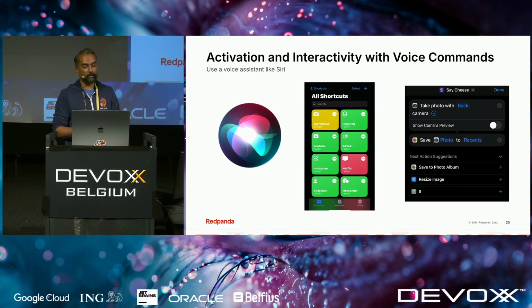And if you're familiar with Siri Shortcuts, I'm biasing towards Apple this time because I have an iPhone, but this could apply to Android and Google Assistant as well. We could easily get rid of the push button here and substitute it with voice commands.